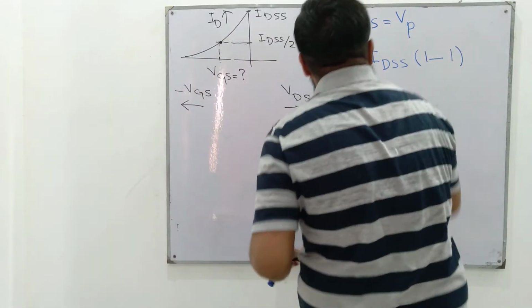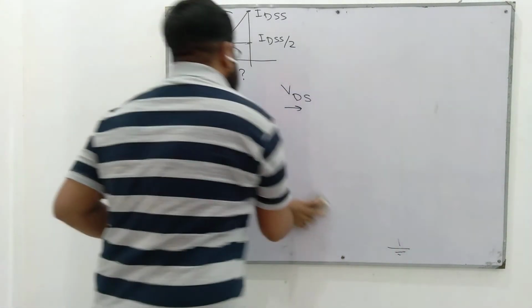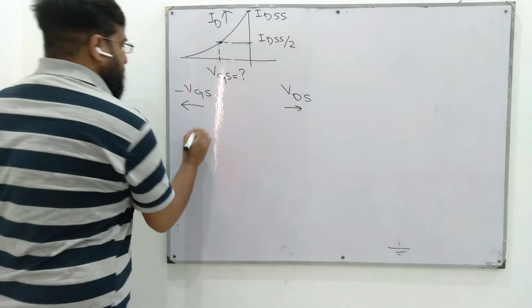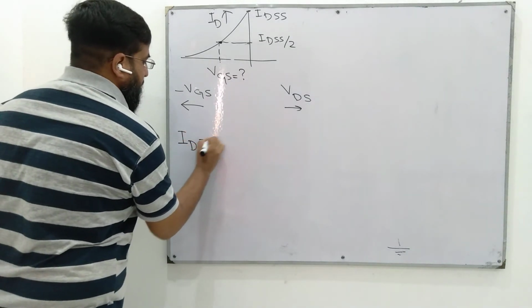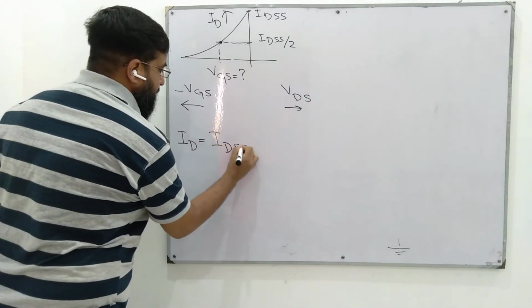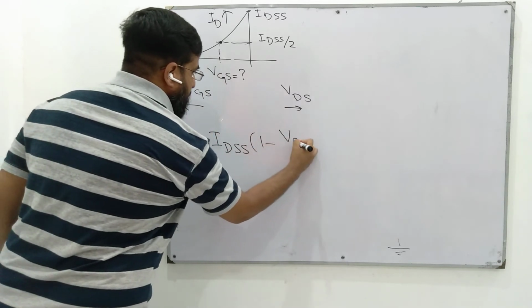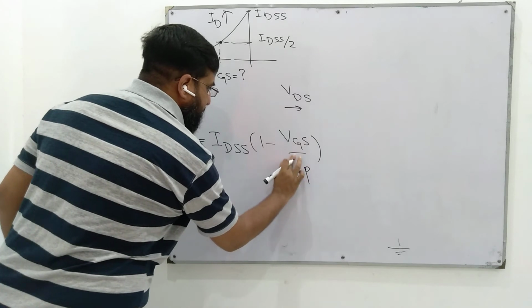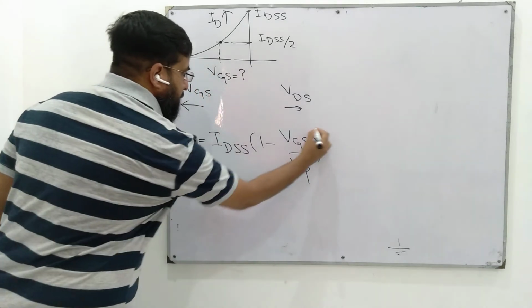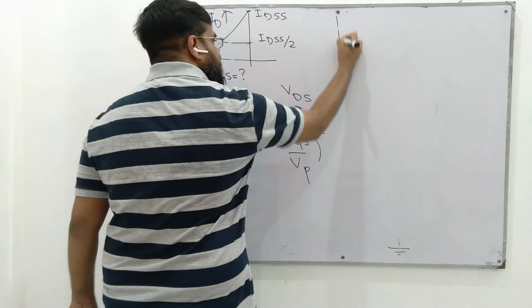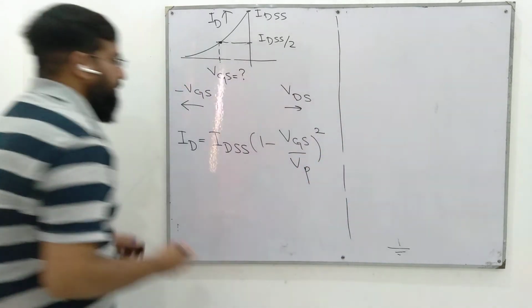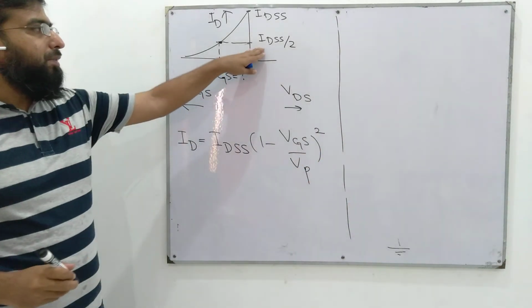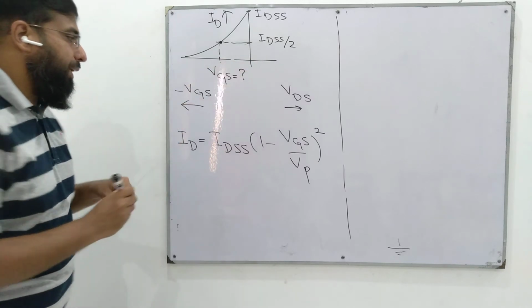We once again have to take help from the same expression that we wrote before: ID equals IDSS times 1 minus VGS over VP, squared. We have to bias it at a point where ID is equal to IDSS by 2.